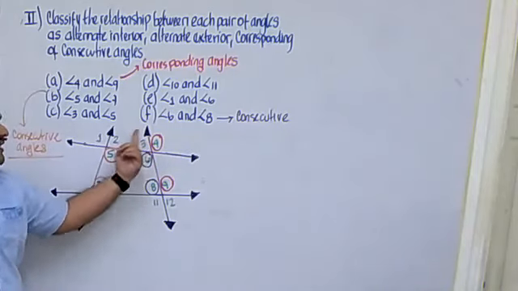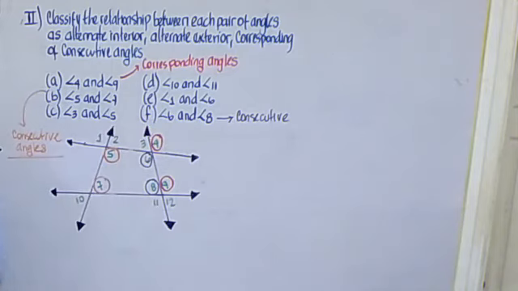Also, the number 3 is an exterior angle, and the number 5 will be an interior angle. So what kind of angle will be the relationship between the number 3 and the number 5?